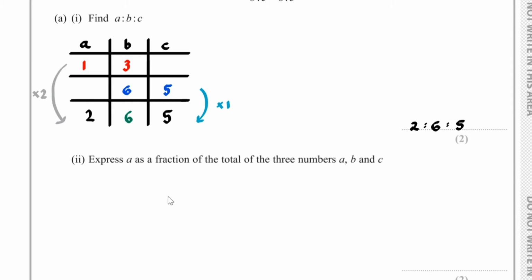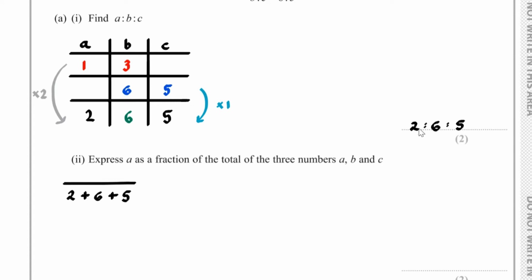Next, we have to express A as a fraction of the total of the three numbers A, B and C. Well, the total will be given by 2 plus 6 plus 5.